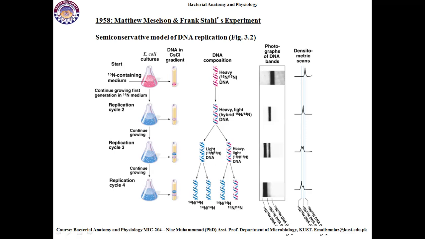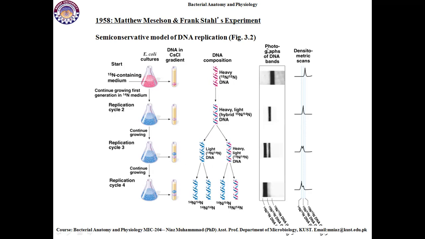What strands contain N14? This worked as a daughter strand, because this blue one was N14, so it provided a template and N14 has been formed on it, and this pink one was N15 and this N15 provided a template, and on it N14 was established because the medium contained N14.